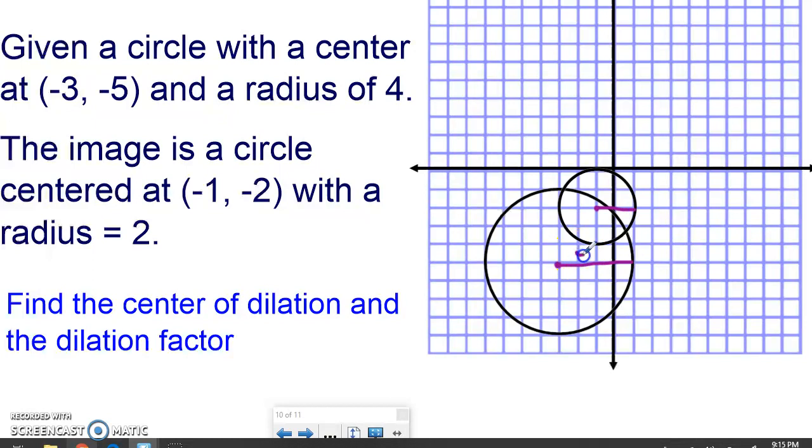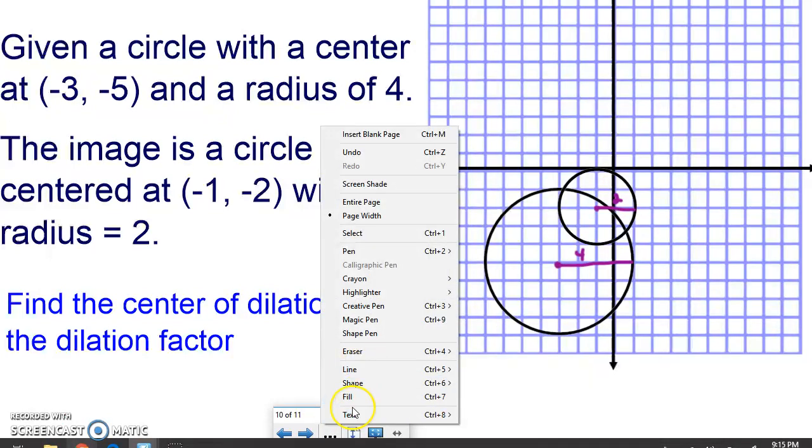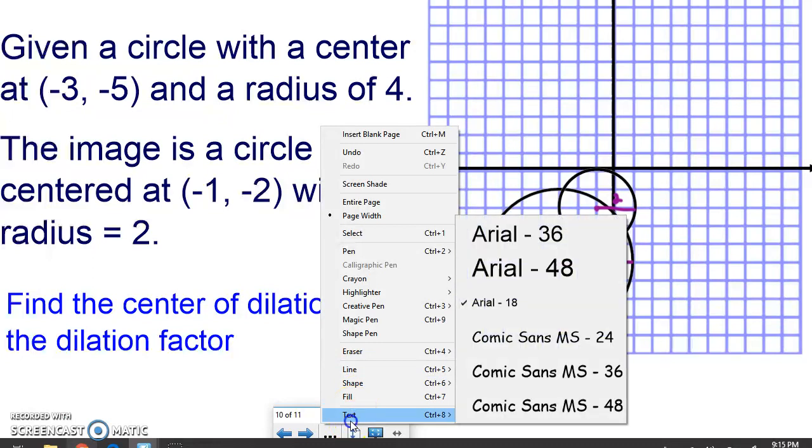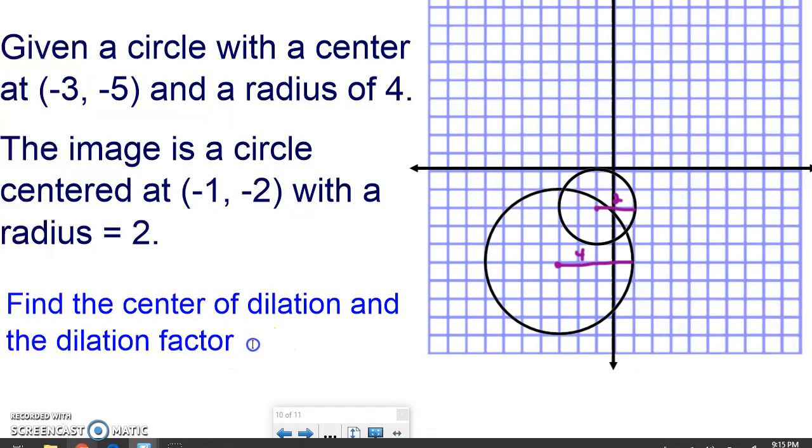So the scale factor is pretty easy for this because you just use the radius. You just have to remember again, to find scale factor, you always do the image over the pre-image, or new over old. So we said this was our pre-image, and this was our image.